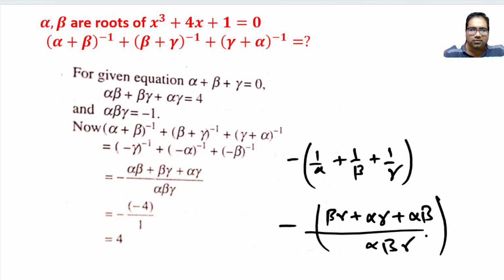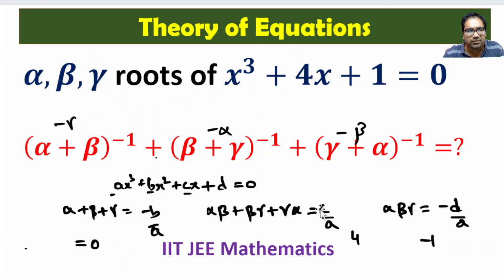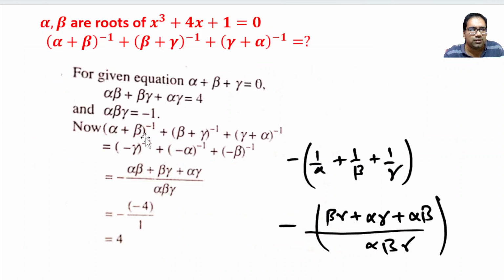We also know the product 2 at a time, alpha beta plus beta gamma plus alpha gamma, that is c by a, which is equal to 4, which is what we have written here also. So this numerator is 4.